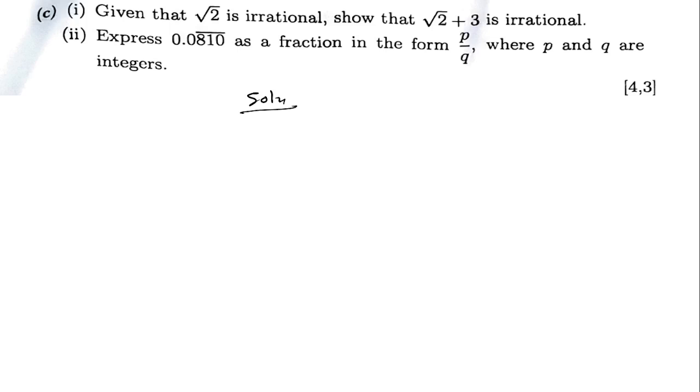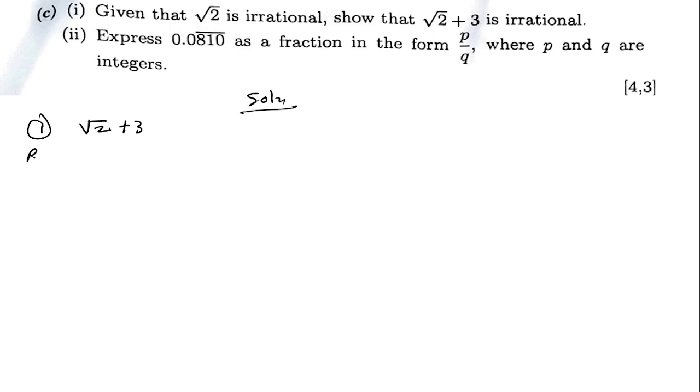If you check part 1 of irrational numbers, I have answered this question. So for those who have time, go and check part 1. So I'm going to start and write it as follows. We have been given square root 2 plus 3.